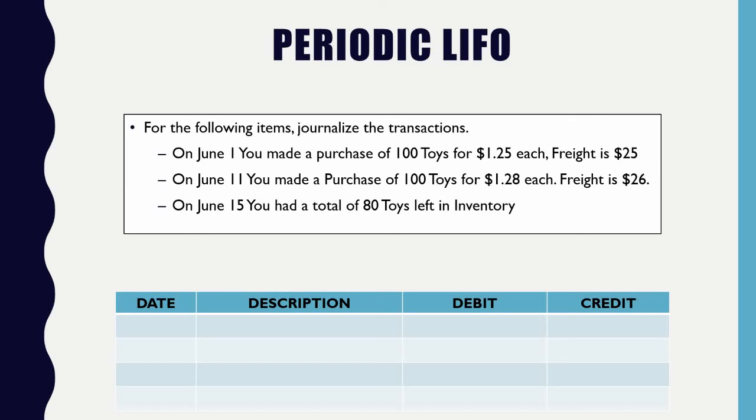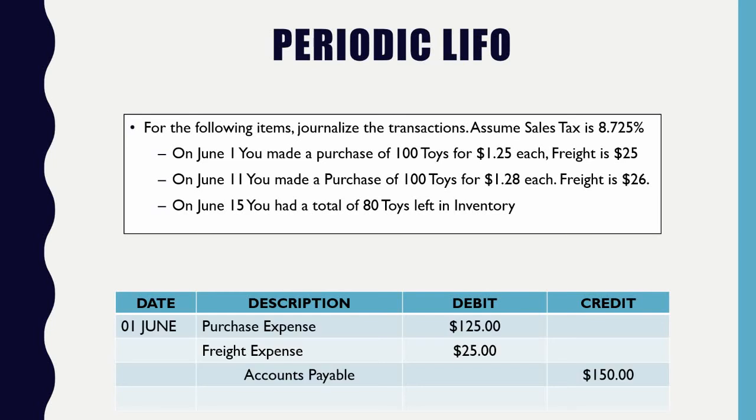And last but not least, on June 15th we had a total of 80 toys remaining in inventory. When we journalize, we recognize this as an expense first: purchase expense, freight expense, and accounts payable.